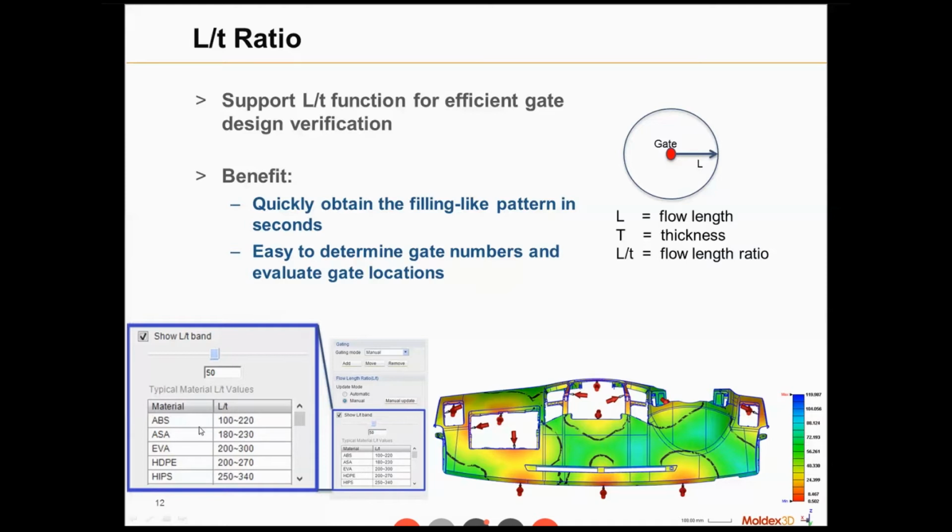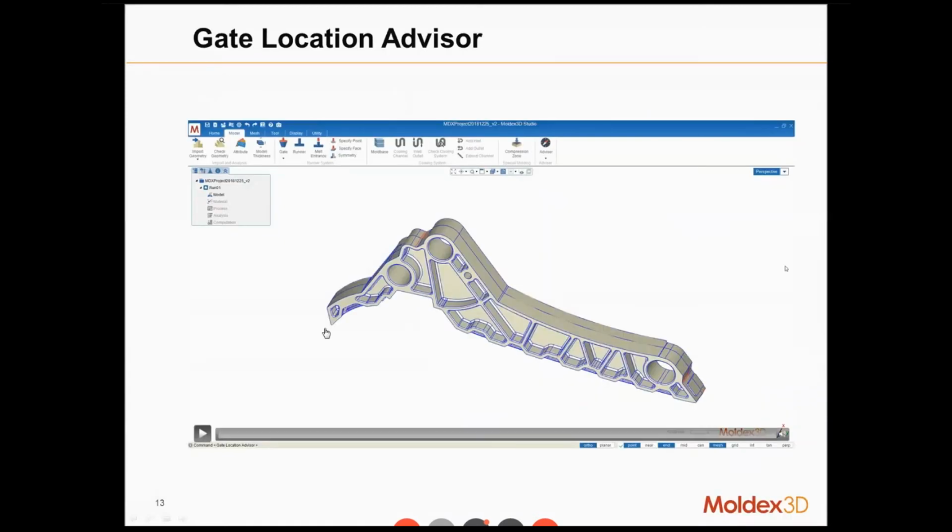Why is there a difference? Even in the same type of material, there is still different flowability for different materials. So if we don't have any idea, or are not very familiar with the material being used, we suggest using the minimum value as our criteria, just in case, to decide the suitable gate number and gate position.